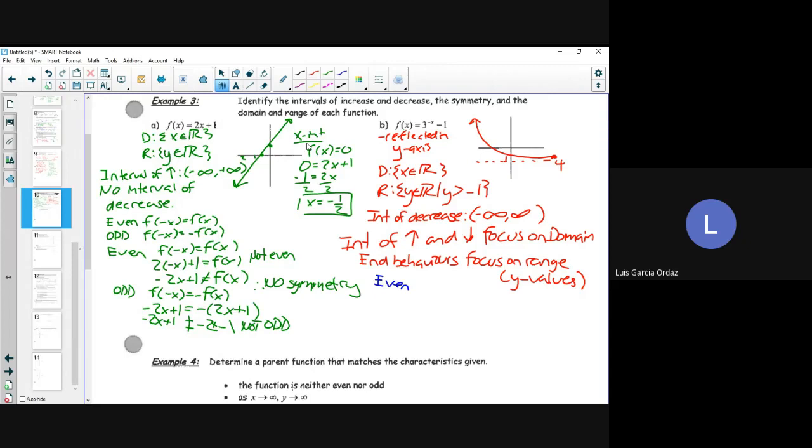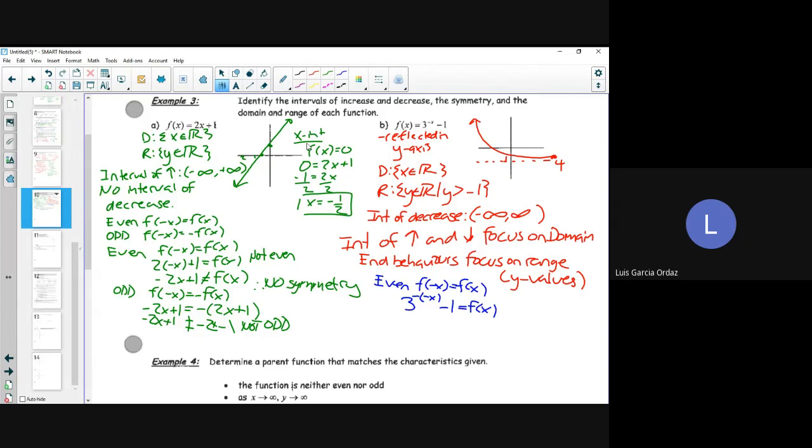Okay. So for the even, we need f of negative x to equal f of x. We are subbing in negative x for x. So we have 3 to the negative times negative x, minus 1. What is a negative times a negative?